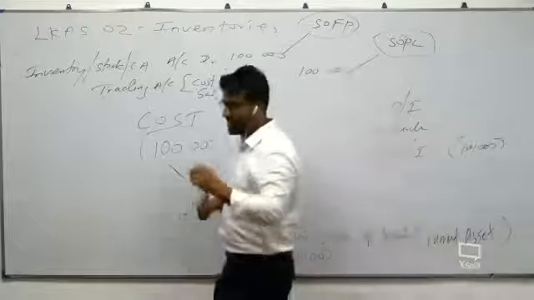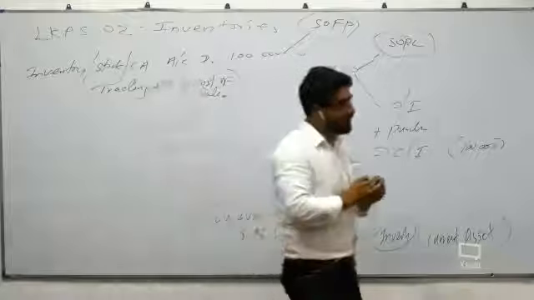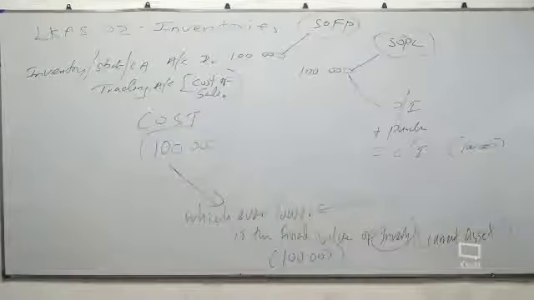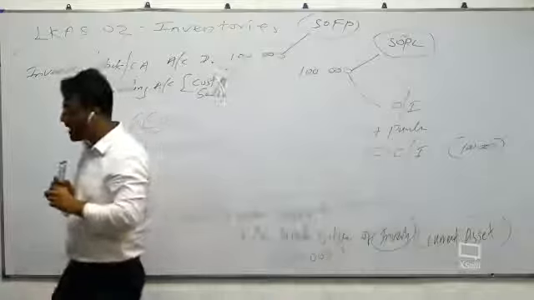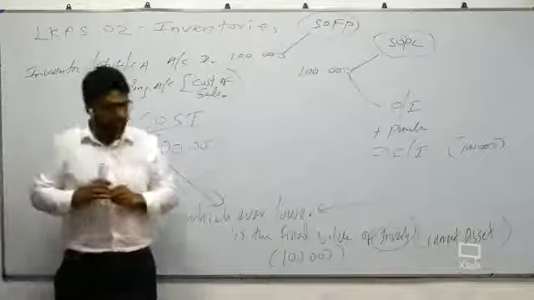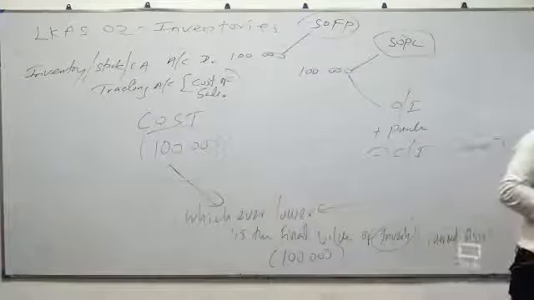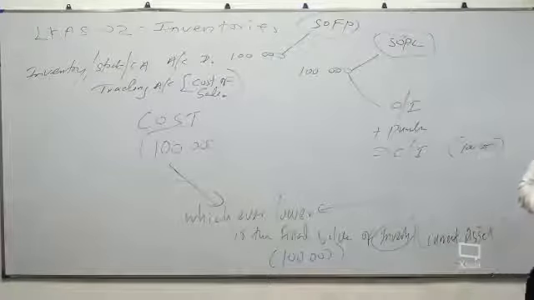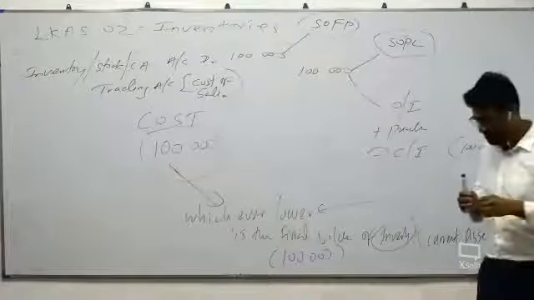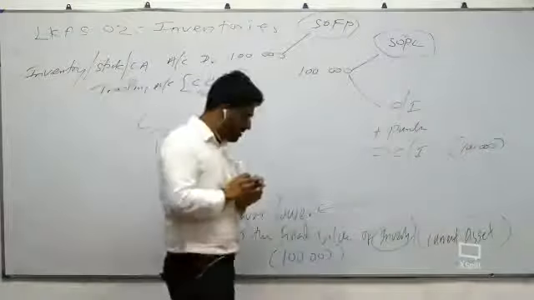Write down example 2. Inventory details of a company are given below at the end of the year.